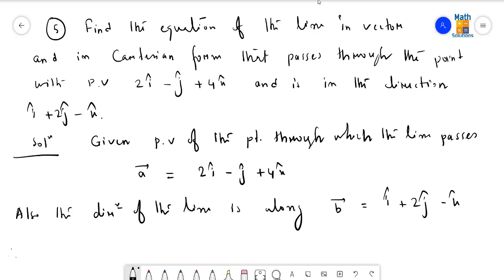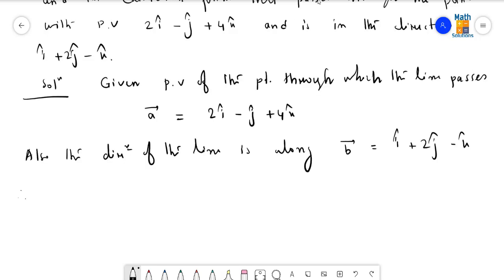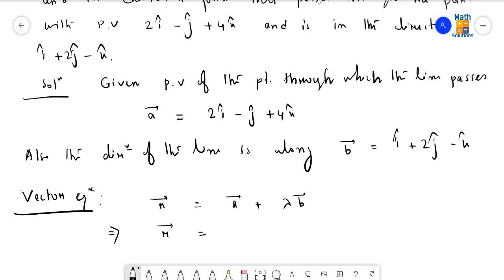Therefore, first we write the vector equation of the line: vector r is equal to vector a plus lambda vector b. So vector r is equal to 2i cap minus j cap plus 4k cap plus lambda times i cap plus 2j cap minus k cap. So this is the required vector equation.